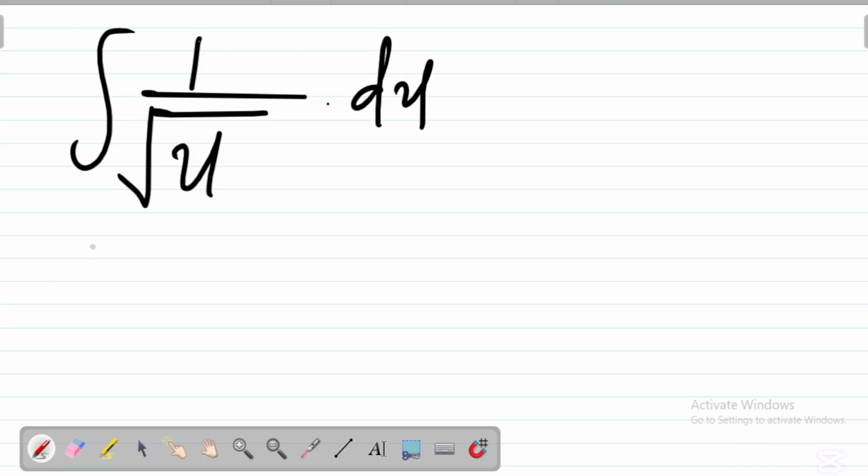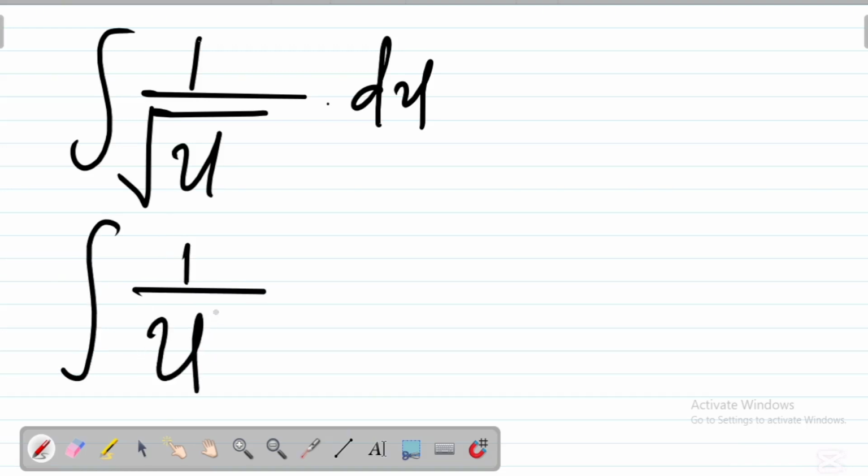If we simplify further, 1 all over square root of u can also be written as u raised to the power 1 all over 2 and then du from the concept of indices. If you've not watched my video on indices, I will leave the link to the video in the description below.